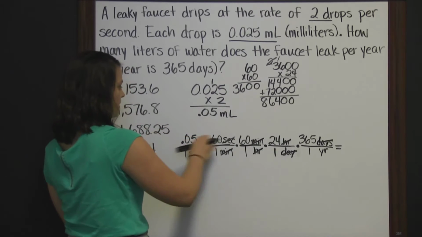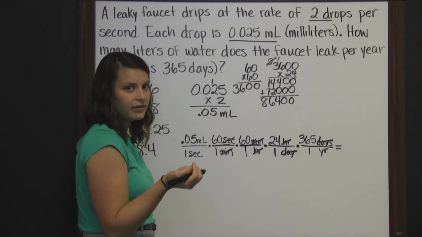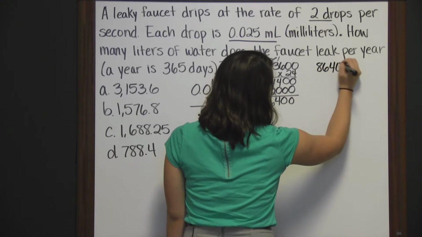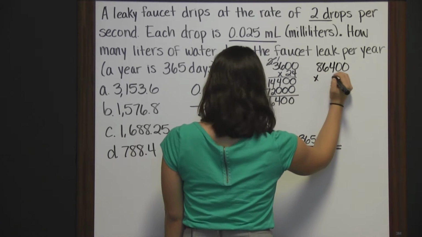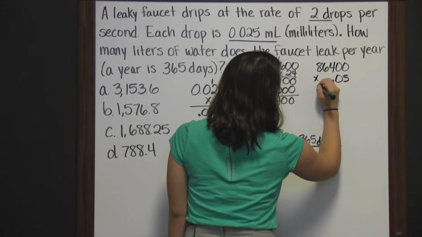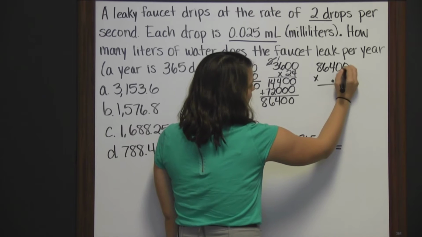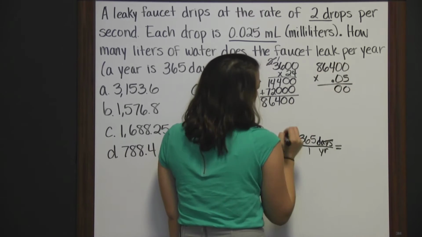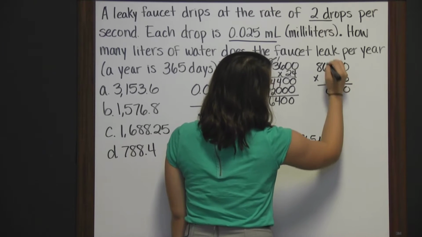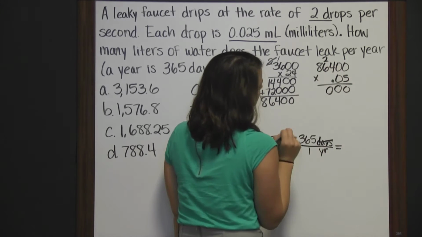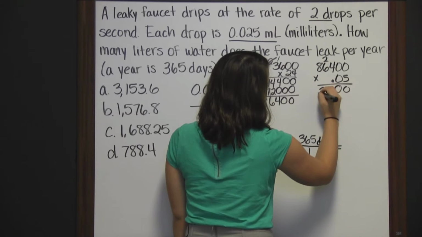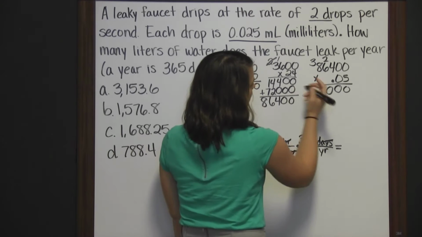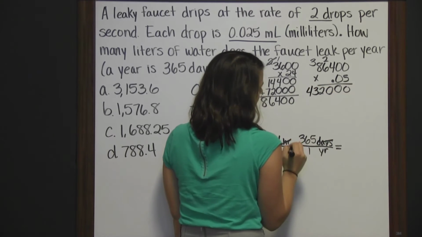We can go ahead and take this number and multiply it times our 500ths. So 5 times 0 is 0, 5 times 0 is 0, 5 times 4 is 20, carry the 2, 5 times 6 is 30, plus 2 is 32, carry the 3. 5 times 8 is 40, plus 3 is 43.